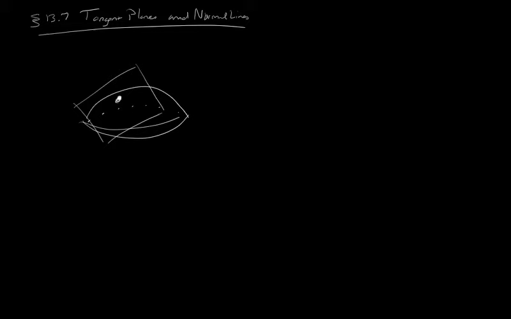Okay, so that's the tangent plane. And then we have a normal line, which is going to be perpendicular to that plane, right? That just shoots straight down through the center, straight down through the surface at that point. So that's my normal line. And this, of course, is my tangent plane.